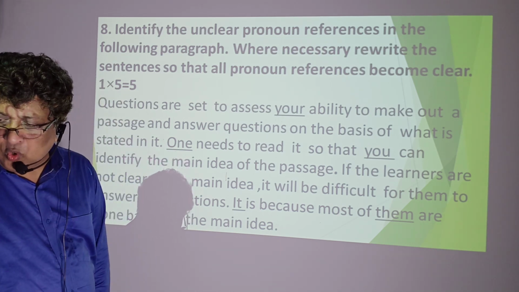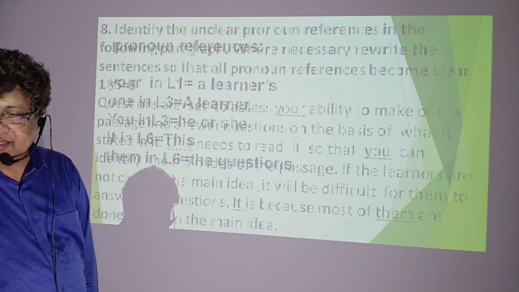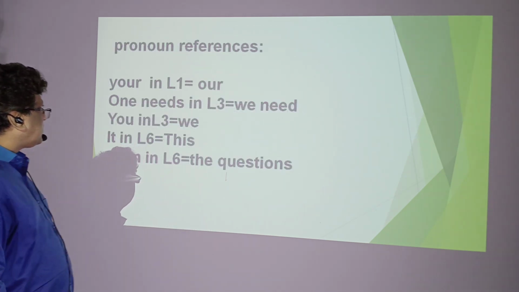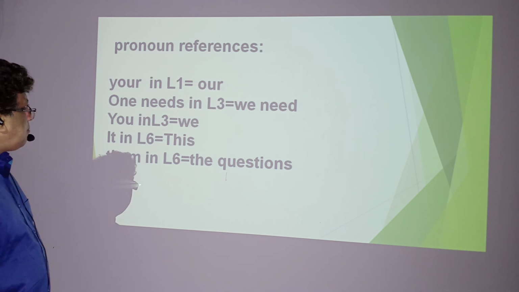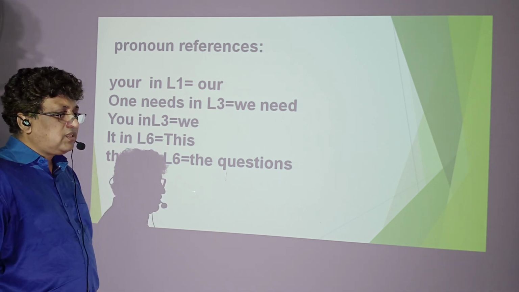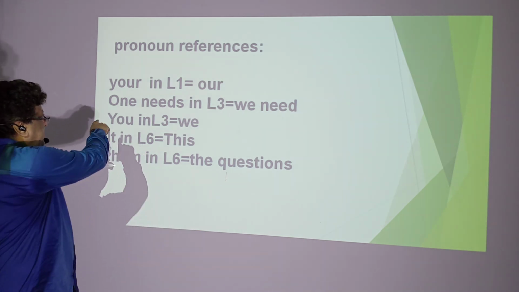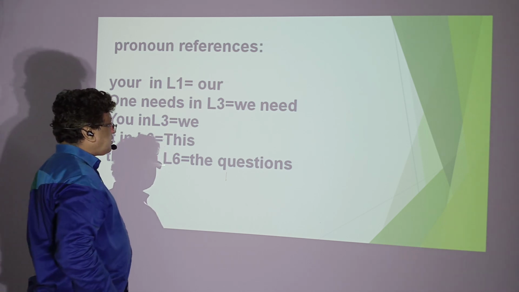So this is one pattern of answer, but there is an alternative pattern of answer to these questions, in which we can replace your by using the pronoun our, and one needs, that is third person singular.